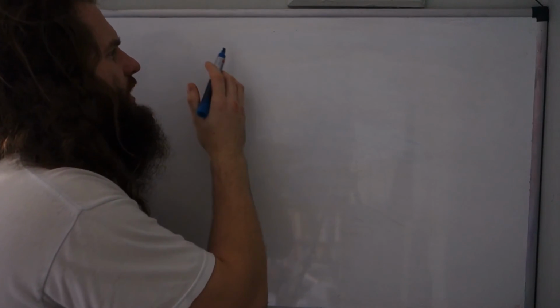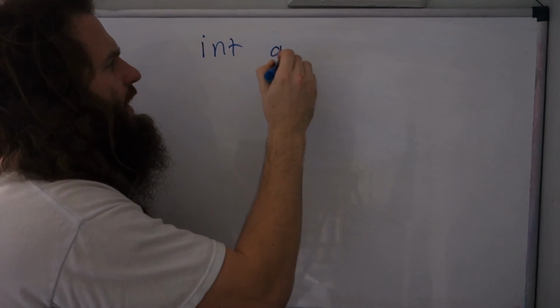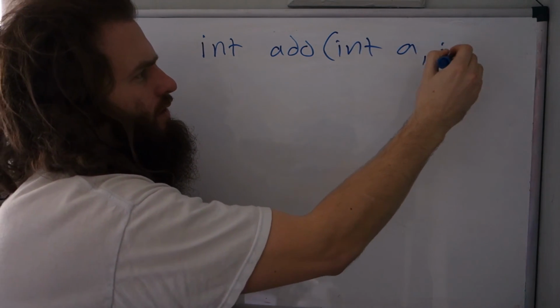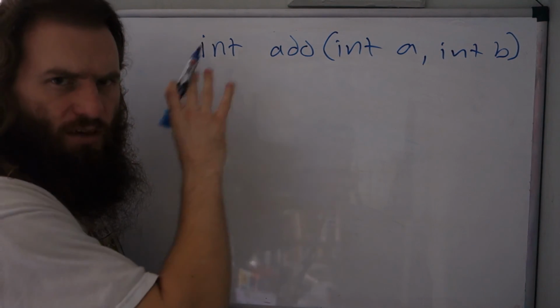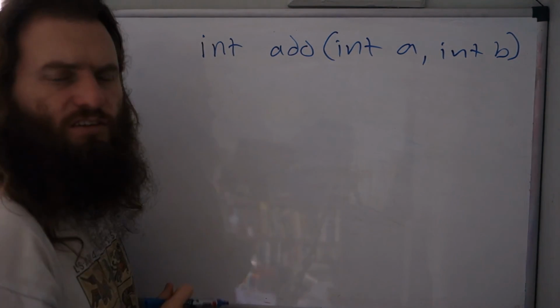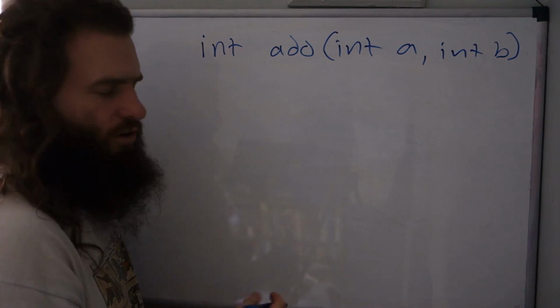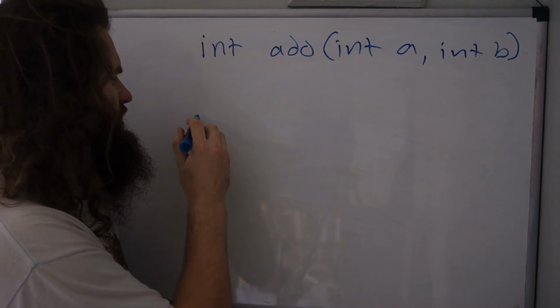So say you have a function called add, which takes two arguments, a and b. We won't put the definition there, but assume that this function exists. We can then create a pointer to that function like this.